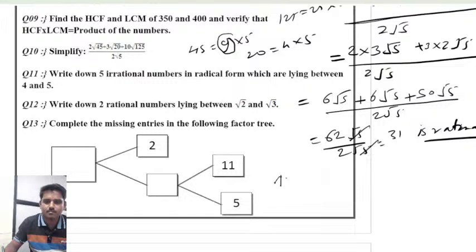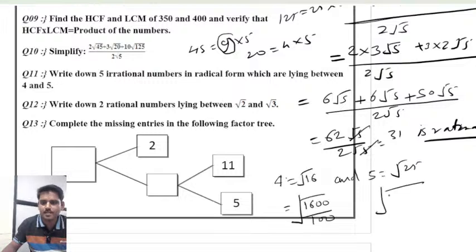So you again multiply by 100. So it is 1600 divided by 100, and similarly here 2500 divided by 100. Now you find numbers between 1600 and 2500 that are perfect squares. One such number, for example, is 41 squared.